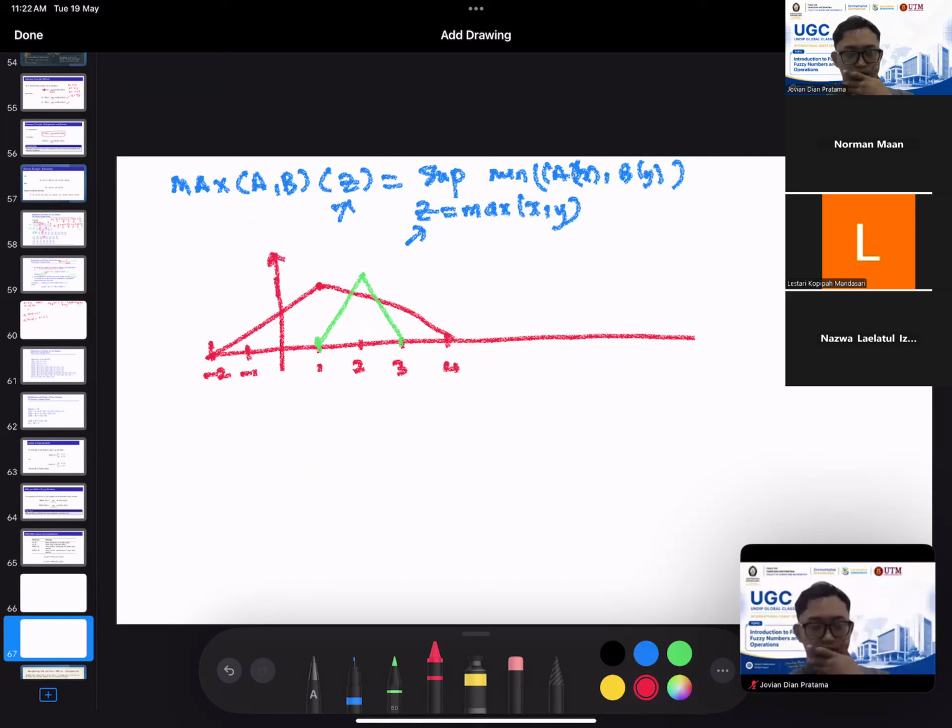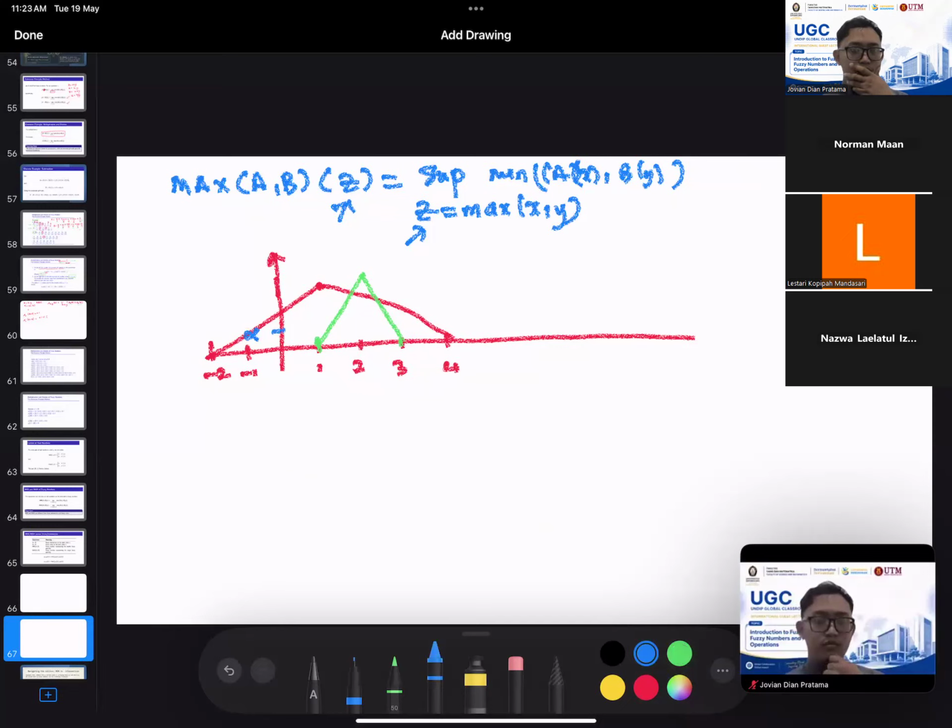From bottom to top, meaning that you need to look at the value of alpha cut. You start with alpha equal to something like this. You fix the value of alpha. Then from the value of alpha that you fix, you need to choose between x and y, which one is the maximum.